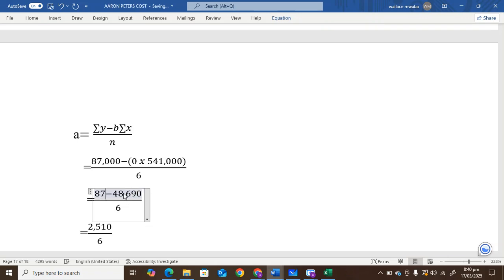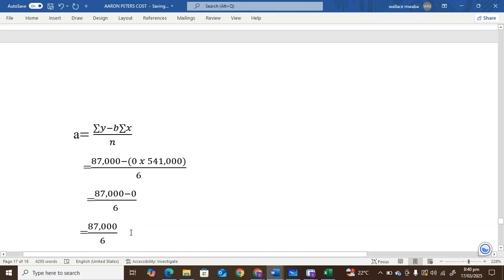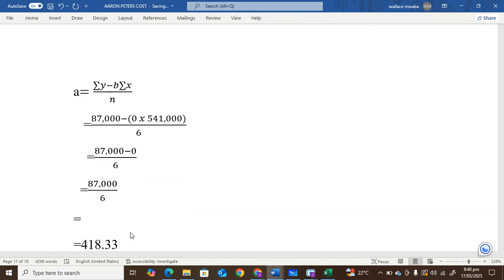So you have 87,000 minus 0, you get 87,000. 87,000 divided by 6 is 14,500. This is your fixed cost component.